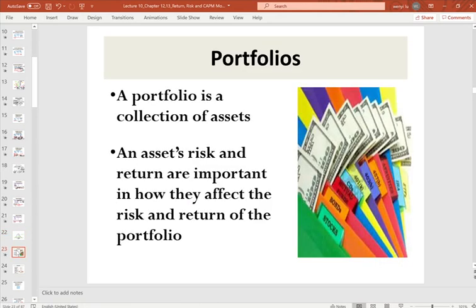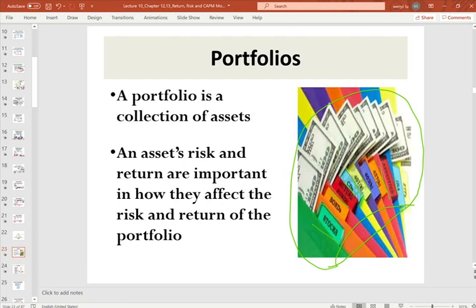Now let's study something about portfolios. A portfolio is a collection of assets. In a portfolio there are different investments inside. For example, in this package we have stocks, bonds, mutual funds, CDs, 401k, 403b, 457b, annuities, ETFs, and IRAs.